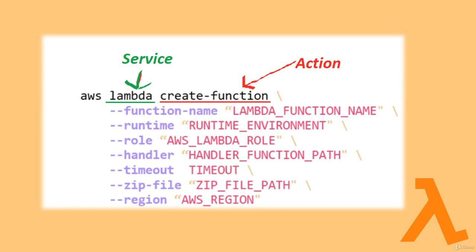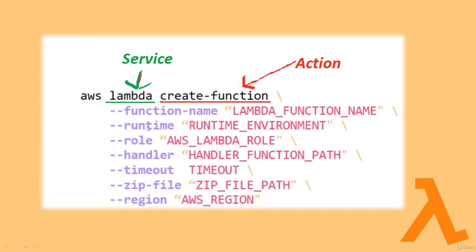So this is the page. Here the first thing we need to write is the AWS command. Then we need to write the name of the service that we are using. For example, here we are using the Lambda service, so we need to write lambda. If we are using CloudWatch or Mobile Hub or any other service, we need to write that service name.